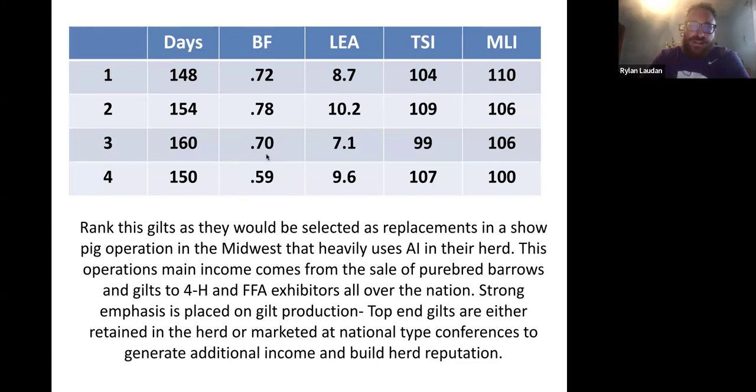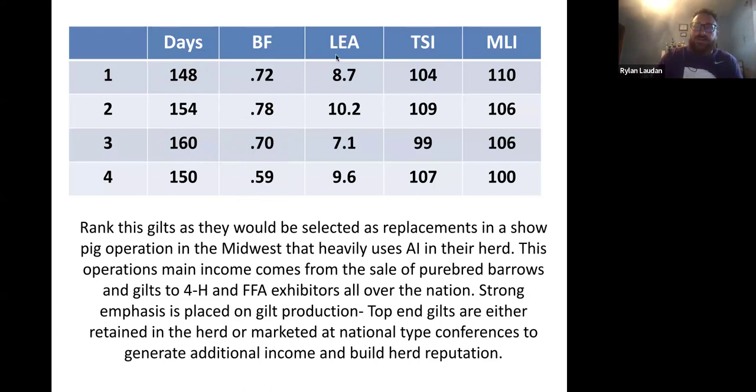And then number 2 has the worst. So what I would do if I had this paper, I would circle the ones I like and square the ones I don't. So right here, I'm going to circle 4 for back fat, and I'm going to square number 2.